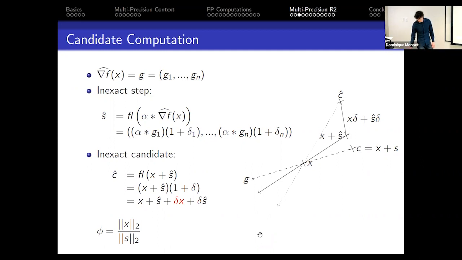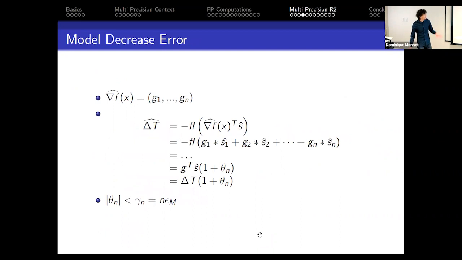Okay, so that's for the candidate computation, and now let's look at the model decrease error. I won't give too many details, but this is about how rounding error accumulates for a dot product, which is basically what we're doing here.